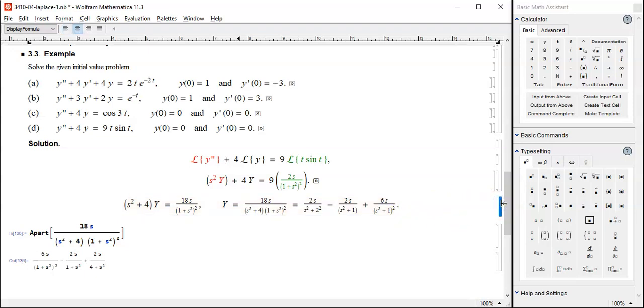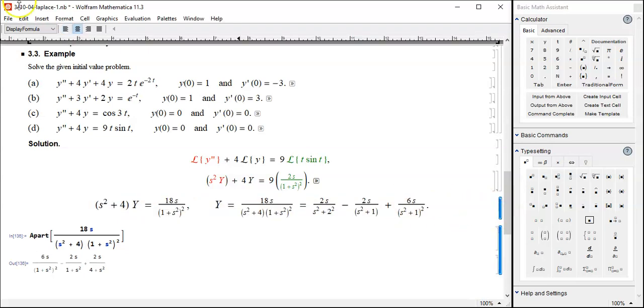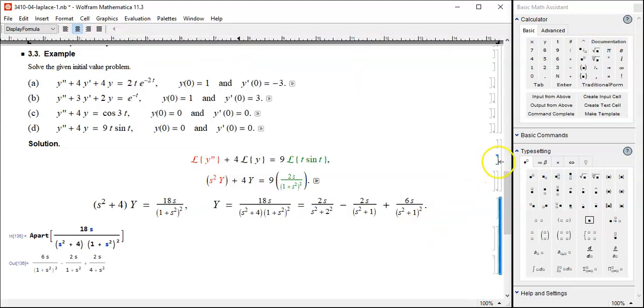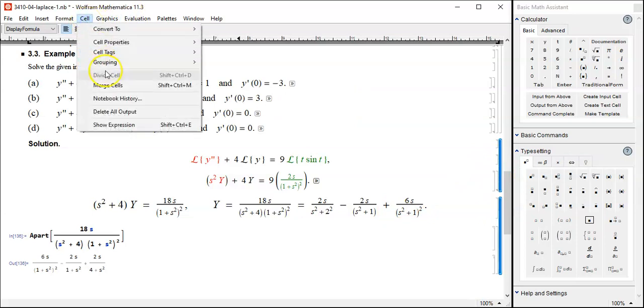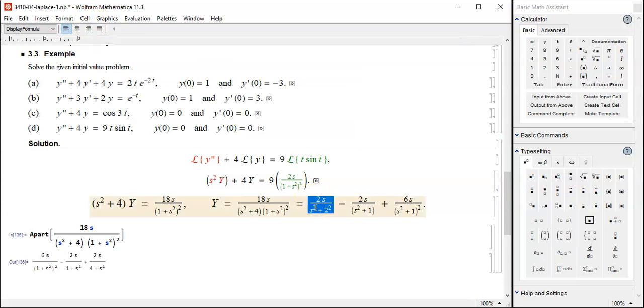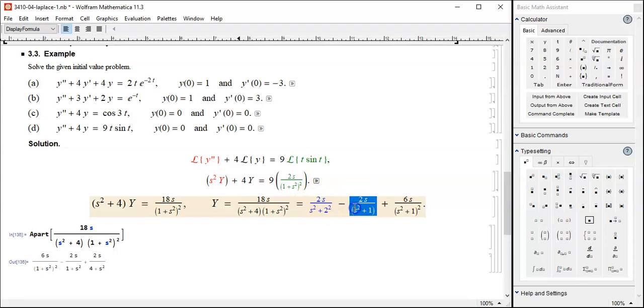And let me expand the font. That's what I got from the apart command. Let's see. Blue, and then red, and then green.